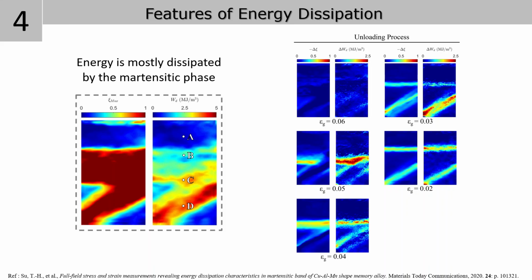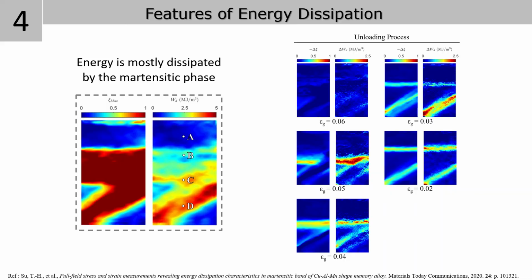And those observations, we've been able to make them only because we've combined digital image correlation with the data-driven identification framework. And using digital image correlation alone, we would not have been able to reach those conclusions.